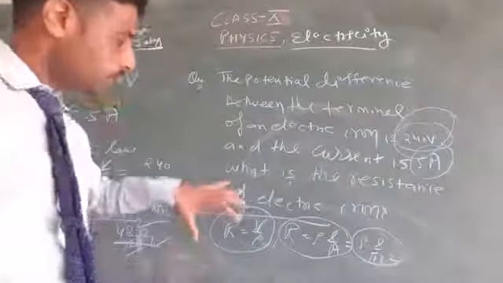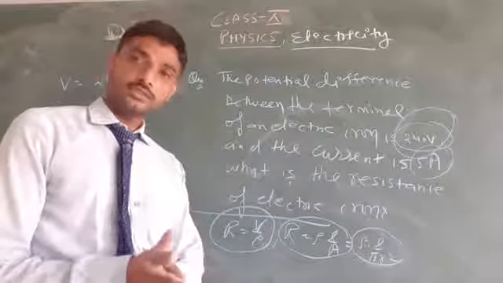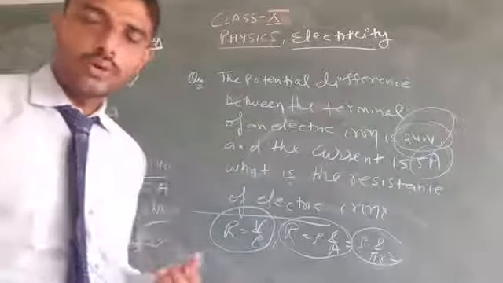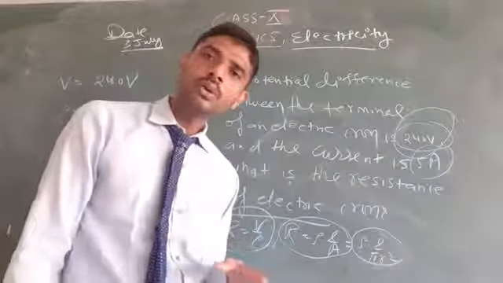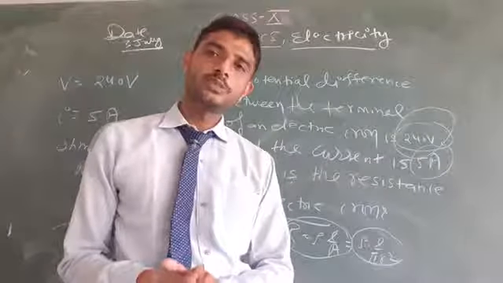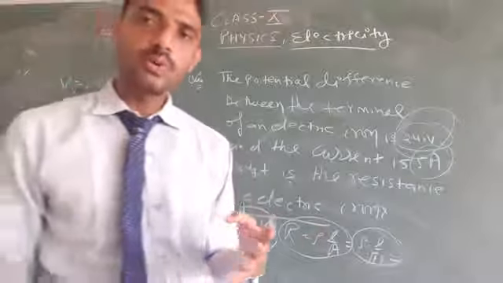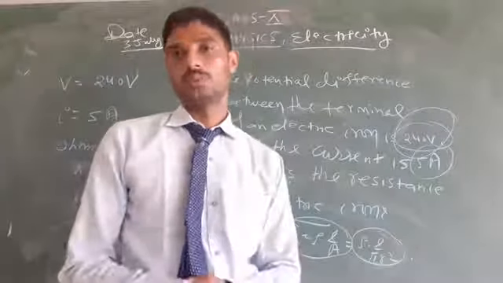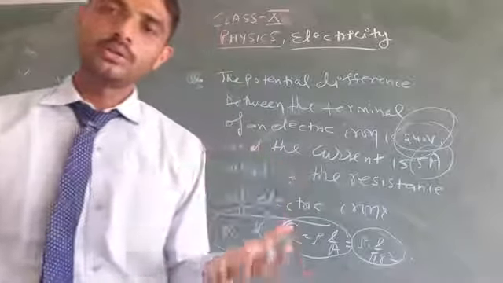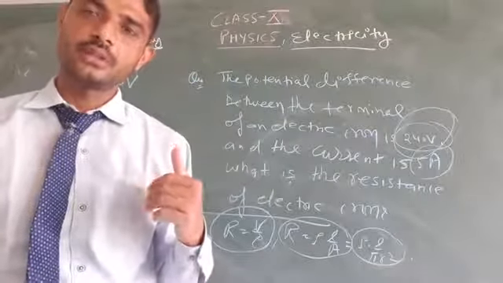So by using this formula you can find the resistance. So I hope now you can solve the numerical given in your NCERT textbook. Some examples are very important, so you have to solve the examples also. And some intext questions are also given, so you have to solve the intext questions and exercise questions.